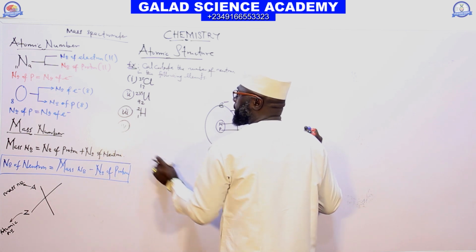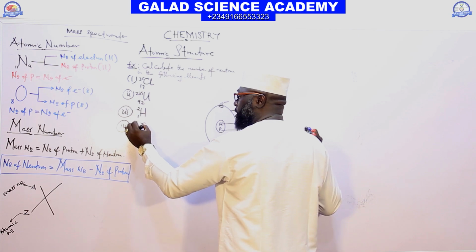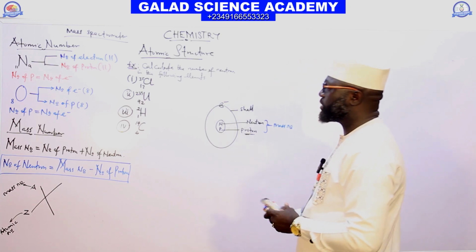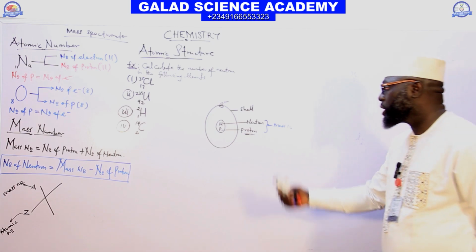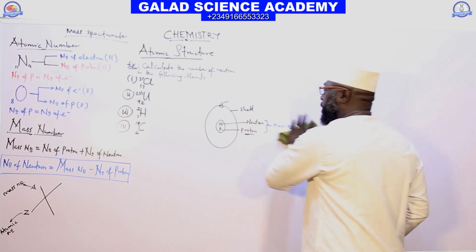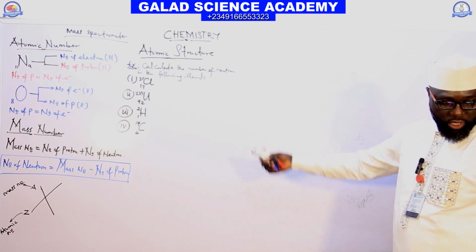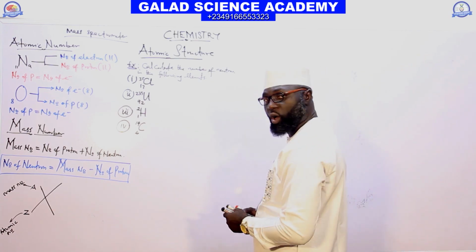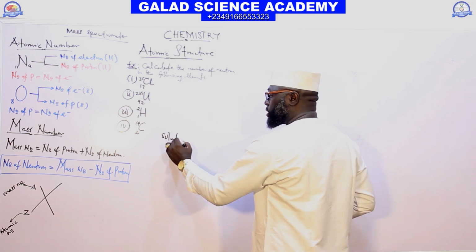Four, carbon 6, 14. So assume we are given this. We are now asked to determine the number of neutrons.